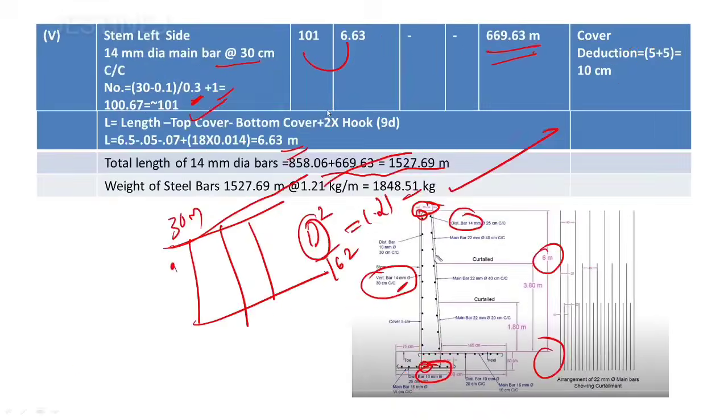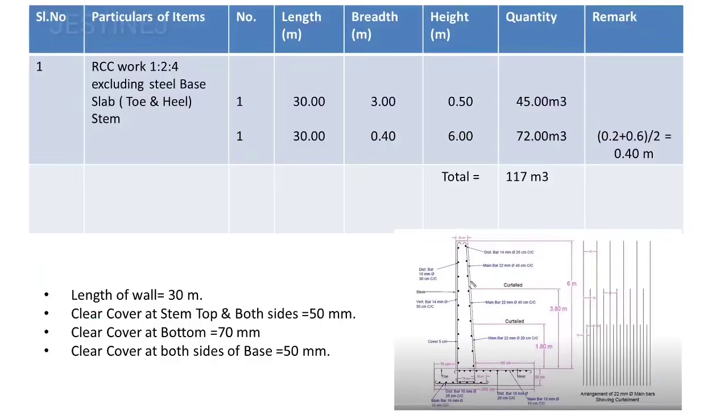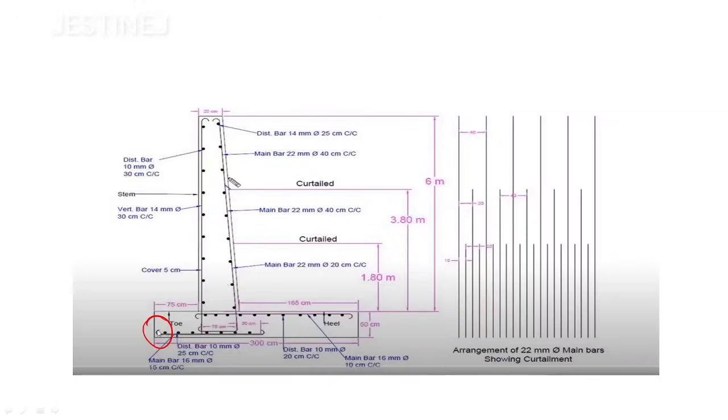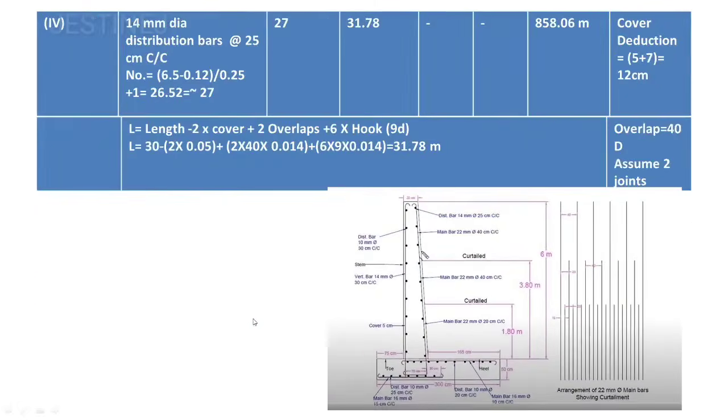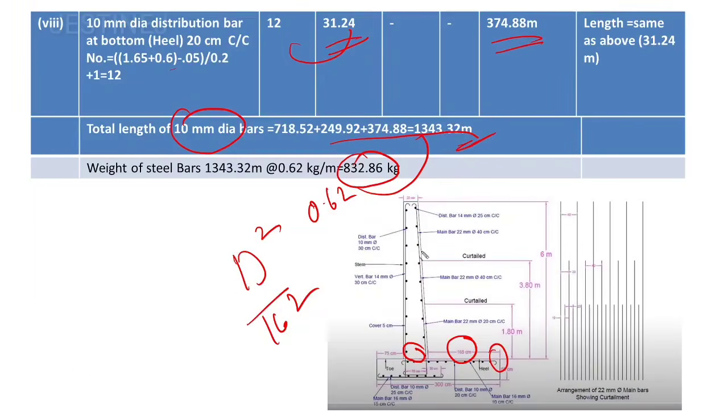So moving on to the diagram once again. Here you can observe the main bar, its diameter is going to be 16 mm, and the total length is going to be 75 centimeter plus 0.6, then 0.3, then you have to reduce this side, and also you have to add the hook on both sides, then only you will get the total length of the bar.